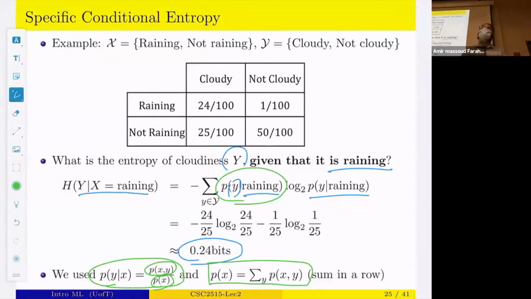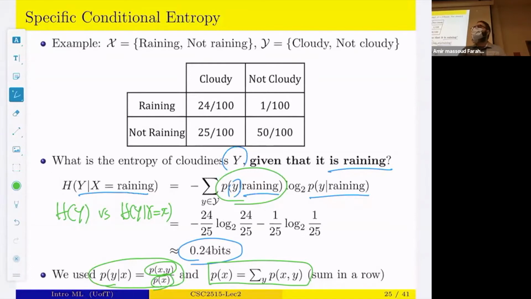So we are comparing H of Y versus H of Y given X being some specific value, right? That's a good question. I believe so, but I'm not 100% sure. But I believe that will be the case. Having information about some random variable reduces your entropy about it.